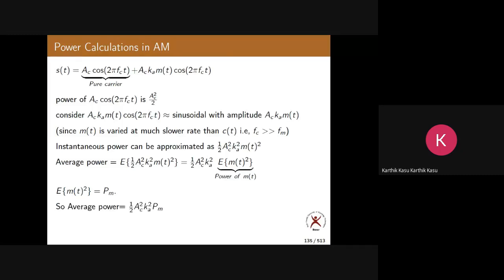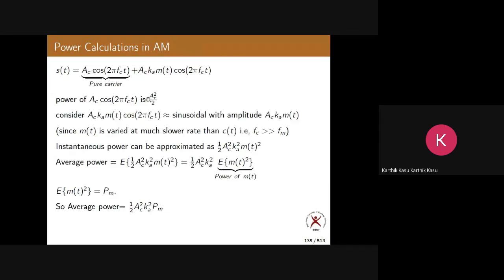So finally, what is the average power of this term? It is Ac square Ka square Pm by 2. Now, in S of t we have two terms: the Ac cos 2 pi fct term and the Ac Ka m of t cos 2 pi fct term.